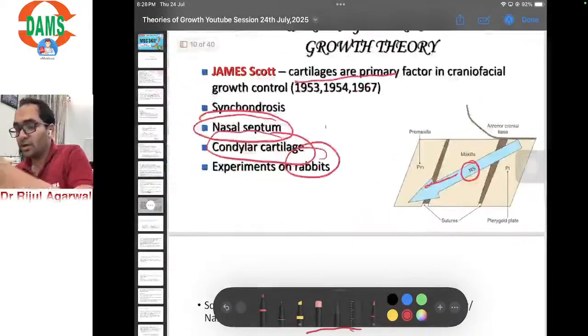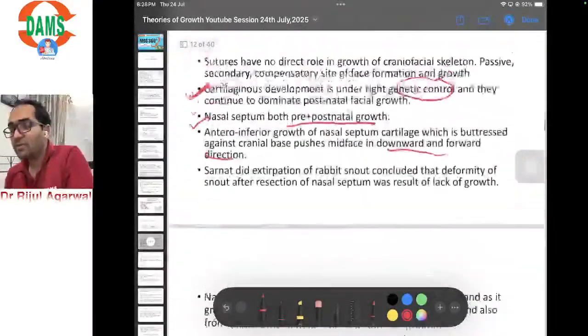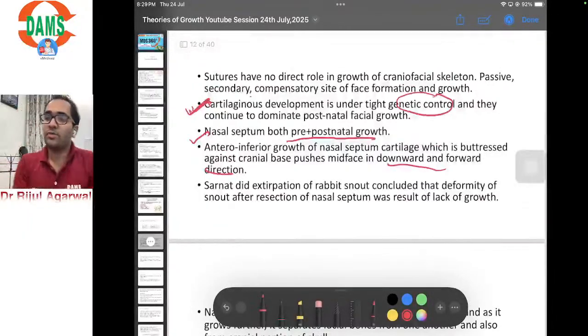So अगर याद करने के हिसाब से you want to understand, similar kind of thing. From suture we have moved towards the nasal cartilage region. Similar kind of thing is occurring, that expansile growth is occurring through genetic control and leading to the downward and forward pushing of the midface region.